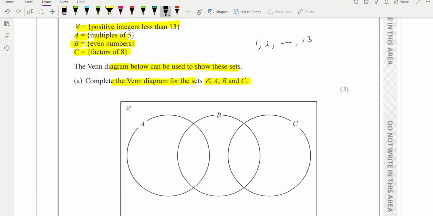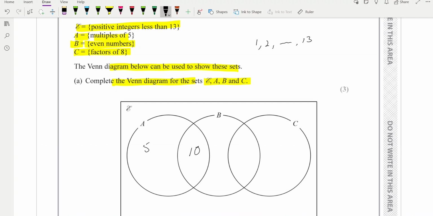Multiples of 5 will be 5. Then B is basically even numbers. 5 is a multiple of 5 but not an even number, so we have written it over here. Similarly, we can take 10, which is a multiple of 5 as well as an even number, so we can write it at the common place over here.